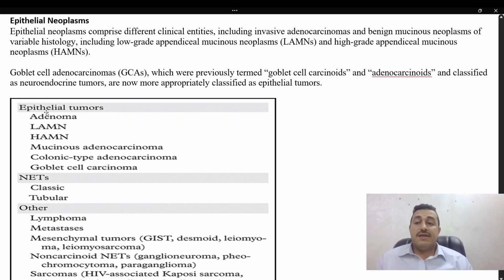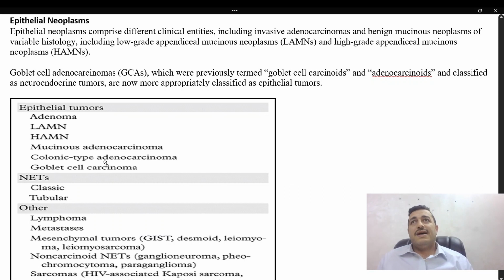These are the epithelial tumors. It could be a low-grade appendiceal mucinous tumor, or a high-grade appendiceal mucinous tumor. It could be mucinous adenocarcinoma. We said adenocarcinoma can be mucinous, clear cell, signet ring cell, goblet cell, or colonic type adenocarcinoma.